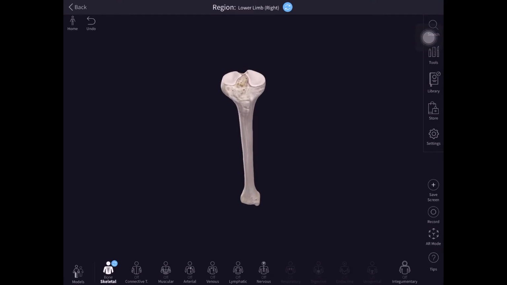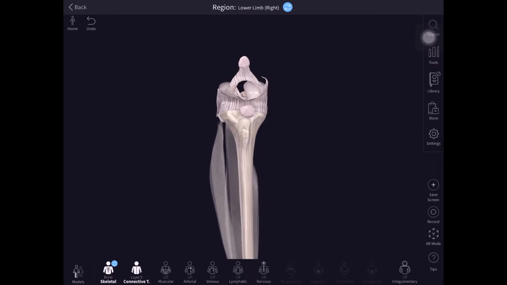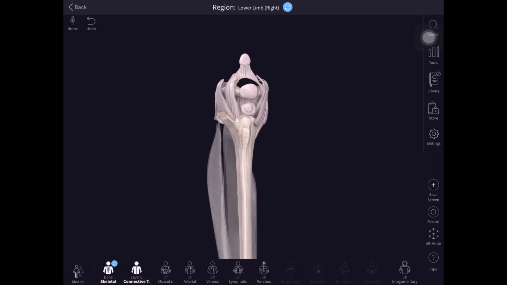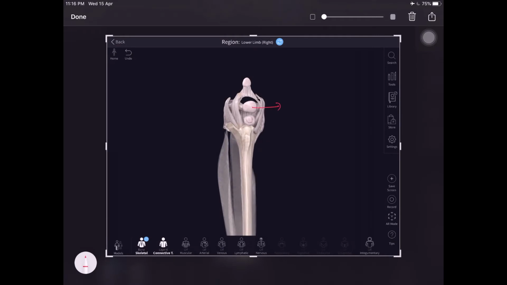So here we have to bring our bursae. Okay, let us bring the bursae. You can see those are the bursae. So we got the two bursae here. This is your patella, and here you have the bursa.